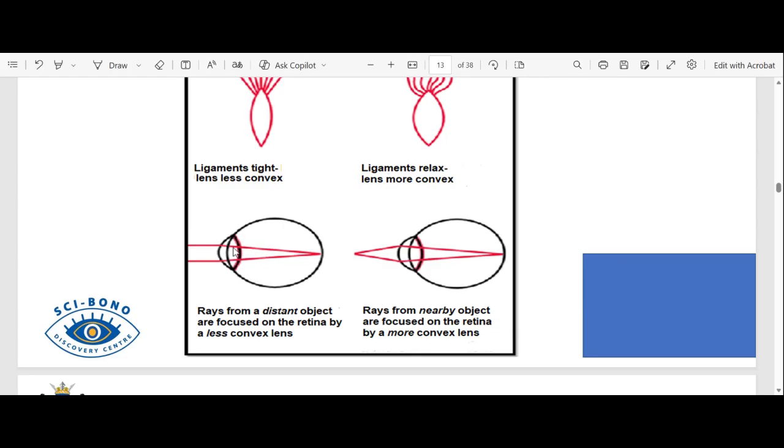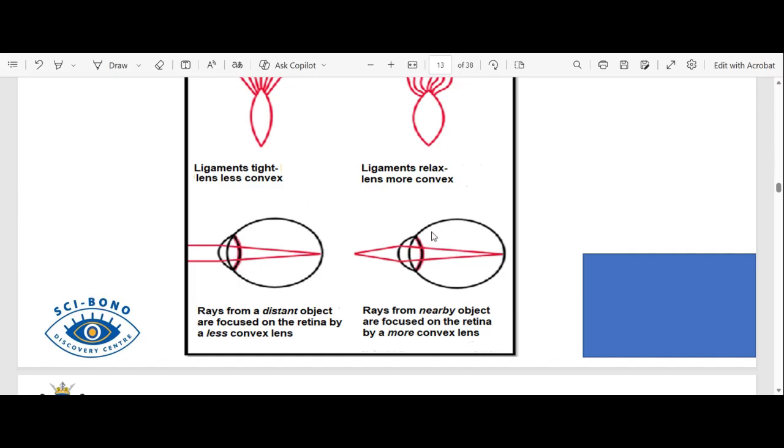Okay. Now let's look at this image for a distant object. As you can see, your lens is less convex, right? Does that make sense? When your lens becomes less convex, it focuses the light on your retina where the clear image is formed.